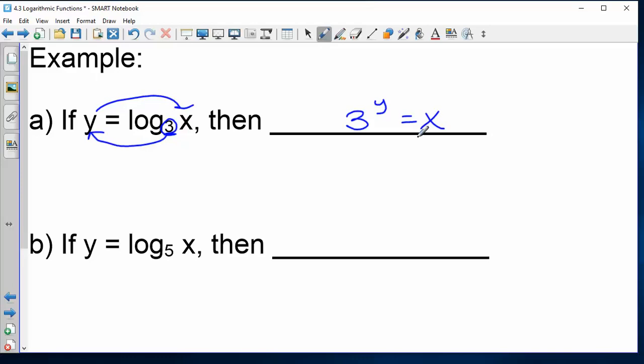It just makes a little loop. So how would I write the second one? To the y power equals x. We always just kind of drew those little arrows in. Start with the base.